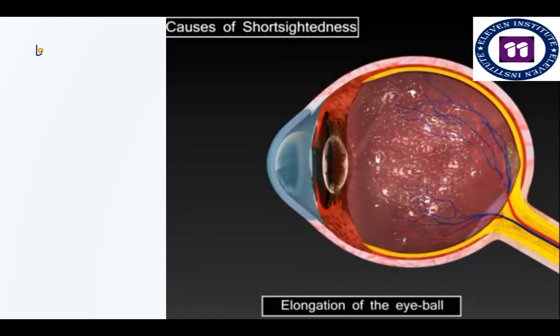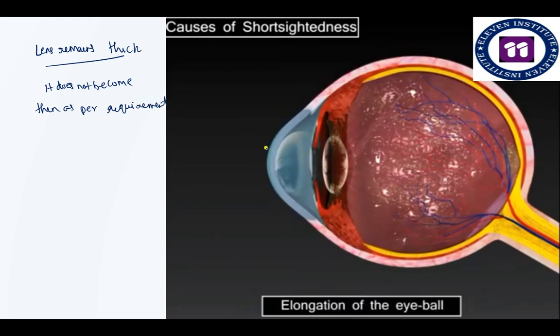Here, the lens remains thick. It does not become thin as per the requirement.